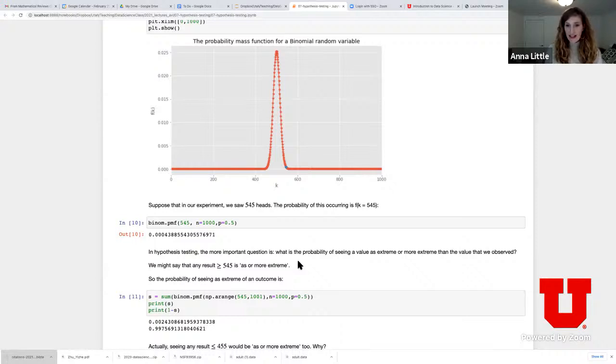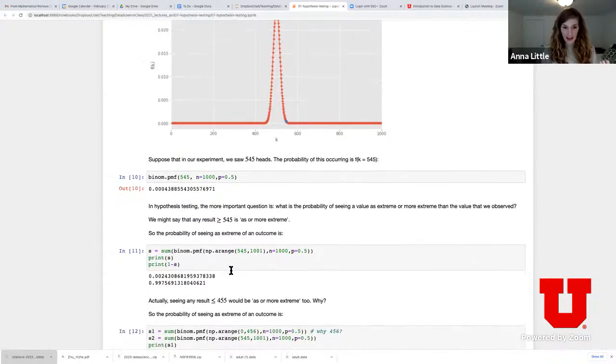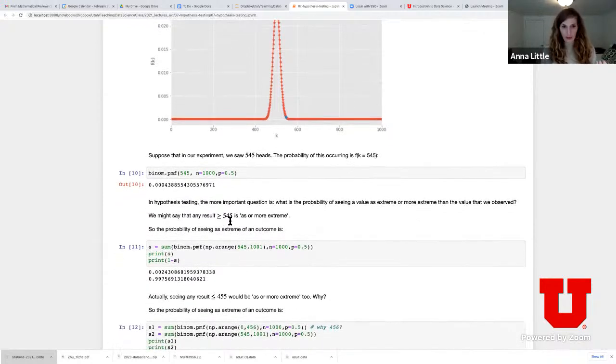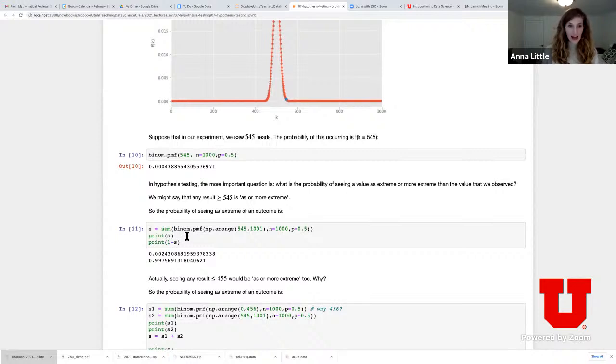Right, so this is the important question. What is the probability of us seeing a value as extreme or more extreme than the value that we observed? So we don't just want to compute the probability of getting 545 heads. We want to compute the probability of getting 545 heads or more extreme. We can do that by summing up all of those PMF values of the binomial, starting with 545 and going all the way out to 1,000.